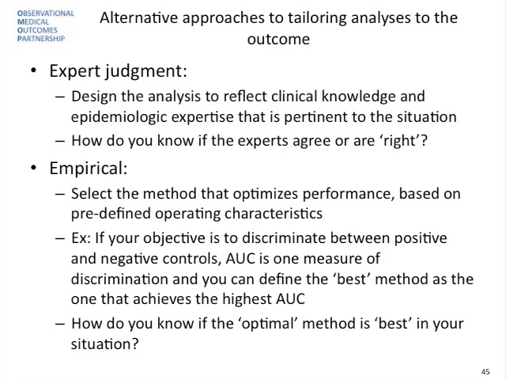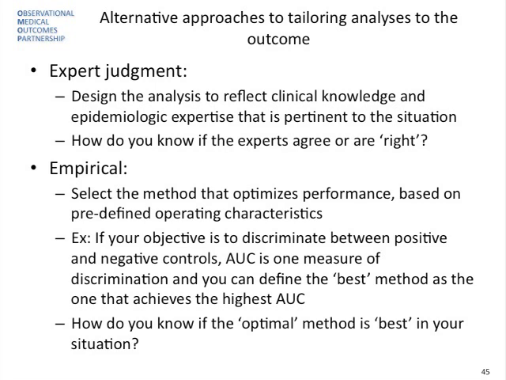So for example, we've just been describing AUCs, and if our shared goal of a risk identification system is to be able to find the positive controls and discriminate them from the negative controls, wouldn't we like to have a system that actually does that best?